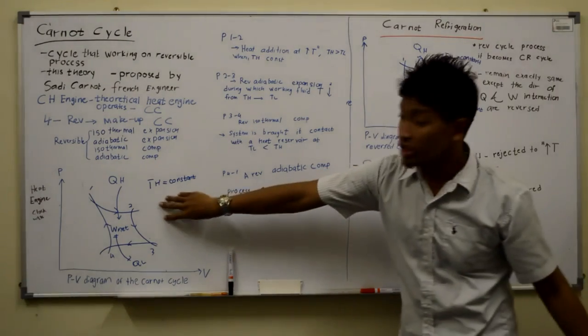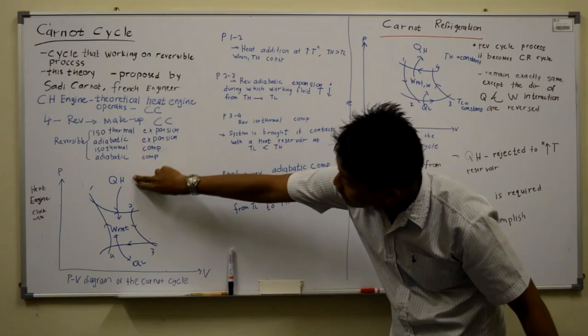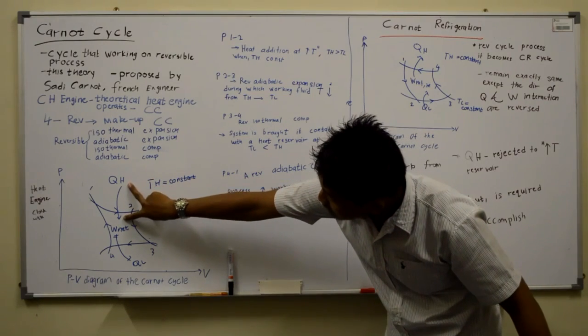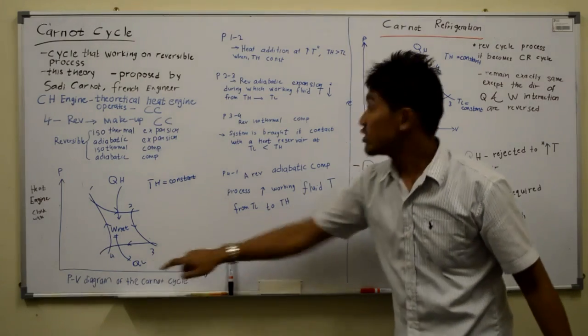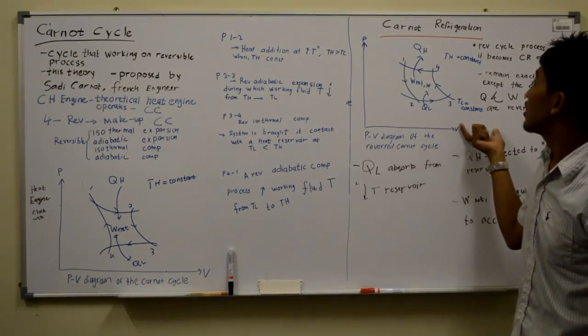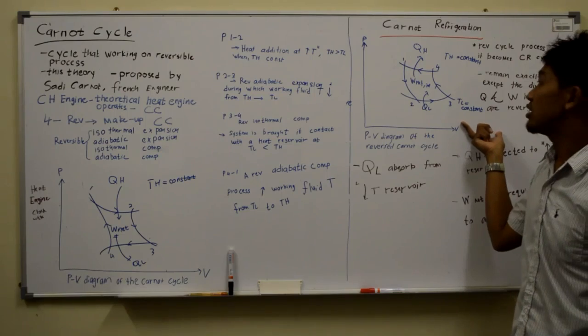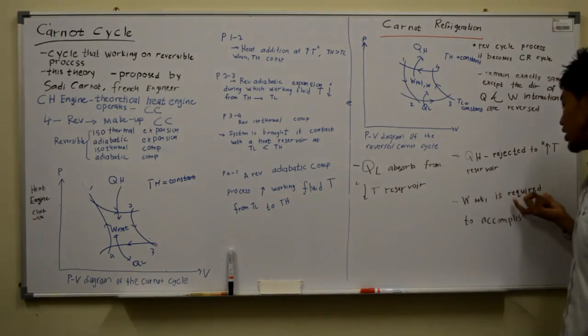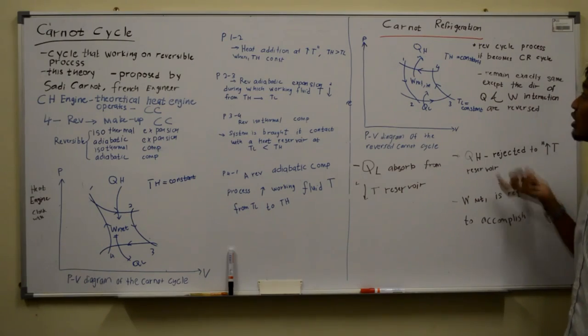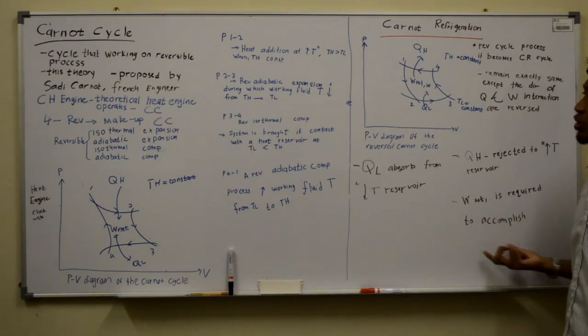In the other PV diagram, high heat enters the system and low heat leaves the system, while this PV diagram is just the opposite. Then the total work is required in order for the Carnot refrigeration process to be accomplished.